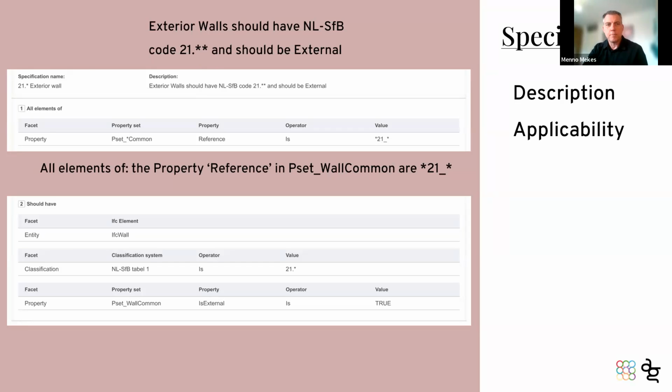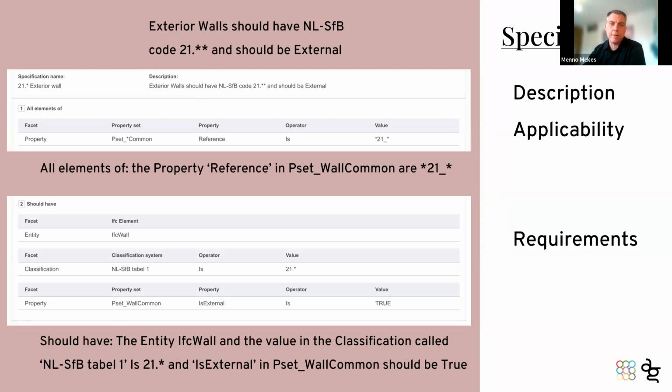So if the IDS has found all these elements, then it will look for the requirements. So it should be the entity of IfcWall, the value in the classification called NL-SfB tabel 1 should be 21 something, and the property in Pset_WallCommon IsExternal should be set to true.